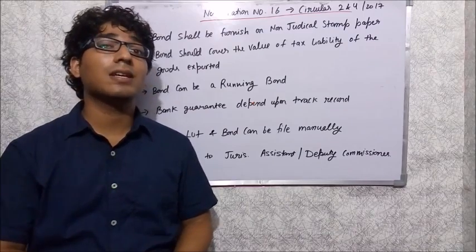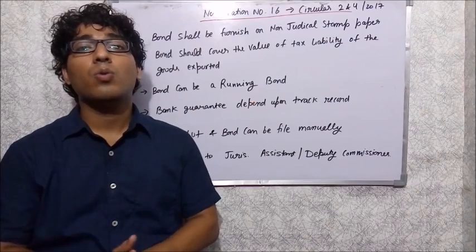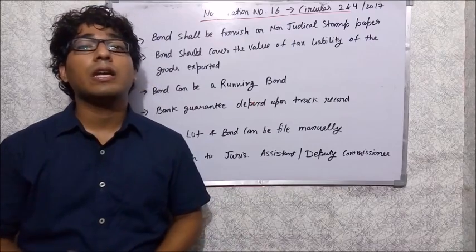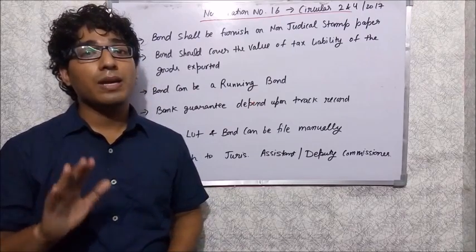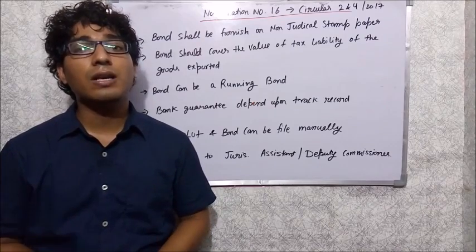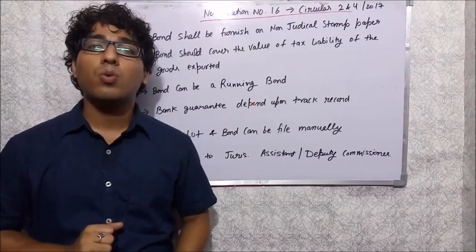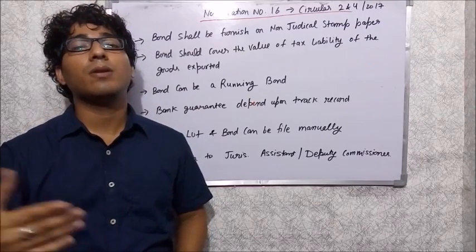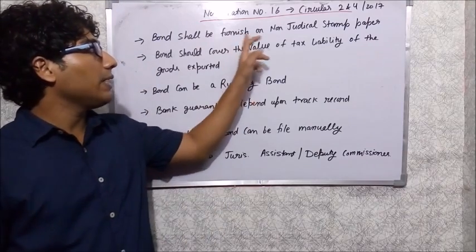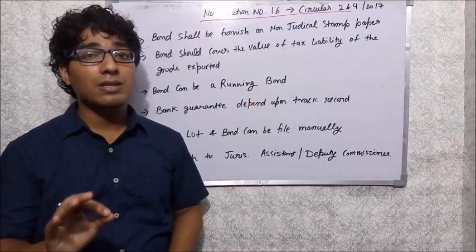In the previous clip we saw who is eligible for a letter of undertaking: the status holder, those who received 10% of the inward remittance, but at least 1 crore rupees, or those who were not prosecuted under the CGST Act or under the earlier law. If you are not eligible, you have to furnish the bond in non-judicial stamp paper.